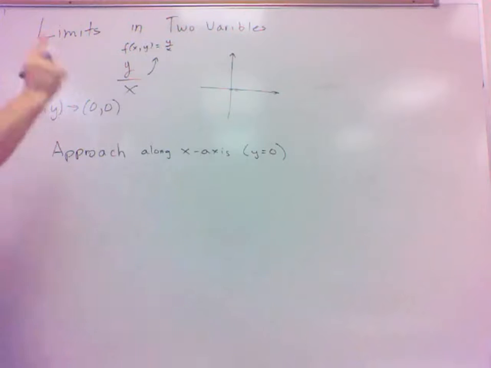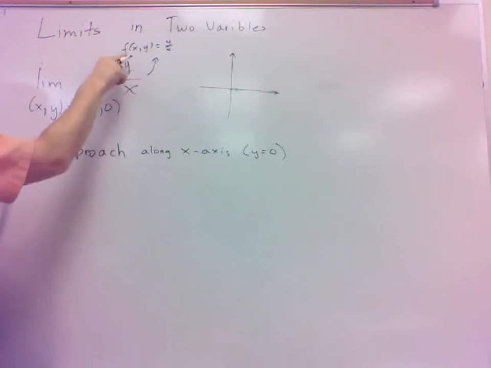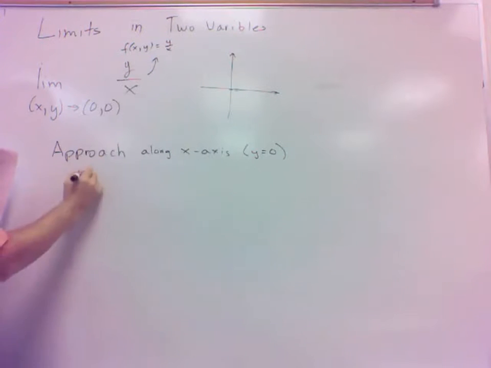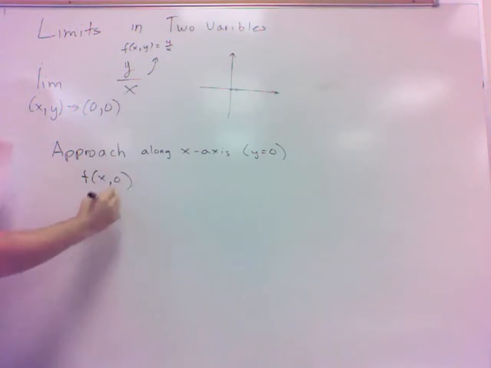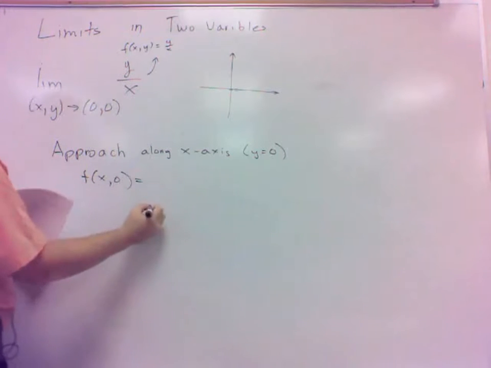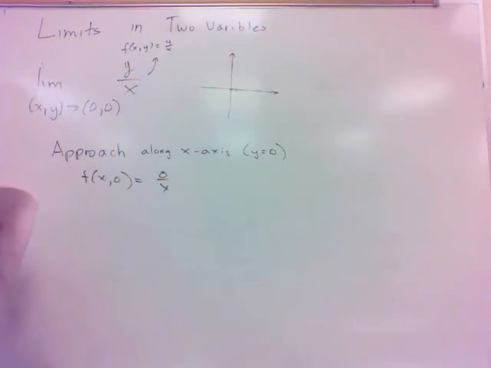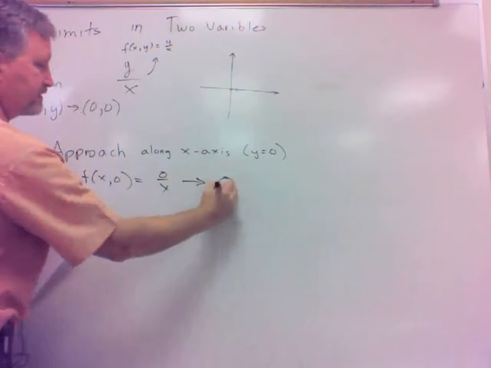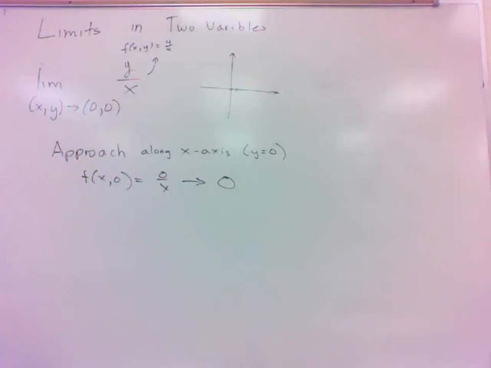When we approach along the x-axis, we're looking at y being 0. So we're looking at f of x, 0, and that would be 0 over x. So as we approach along the x-axis to (0, 0), the function values are going to 0.